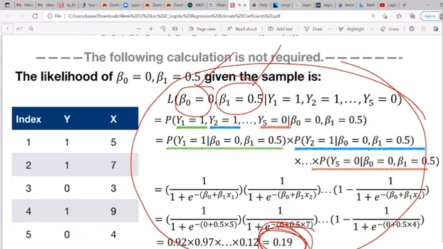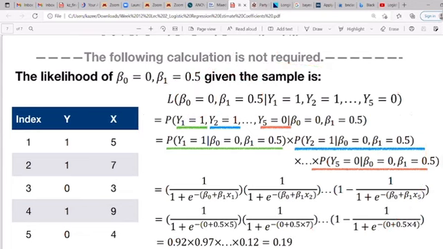Okay, that is what happens behind the scene. The reason I'm showing you what happens behind the scene is not that I'm going to give this in the exam, but I'm trying to explain what happens in the estimation of the parameters of the logistic regression model, so that you will be able to appreciate the software you are using. The software actually saves time, because imagine if you were going to do this manually, you would have to do a lot.